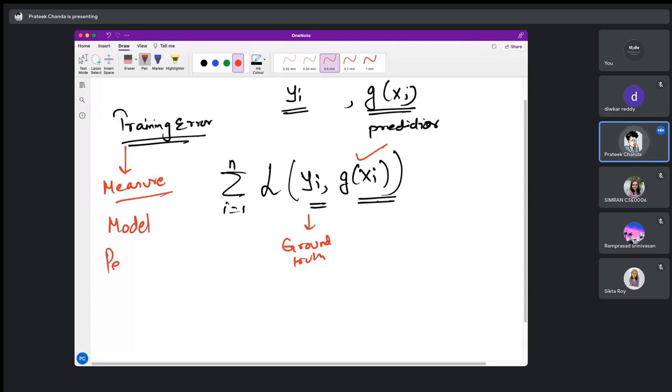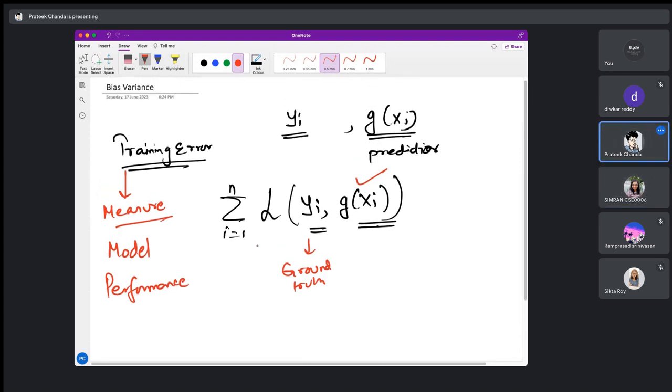Sir, I didn't get it. Could you explain again? Yeah, so yi is basically the ground truth for the ith instance, and g of xi is the predictor. You can think of g of xi as the thing we discussed, like w transpose xi, for example. Both xi and yi belong to the training data set.